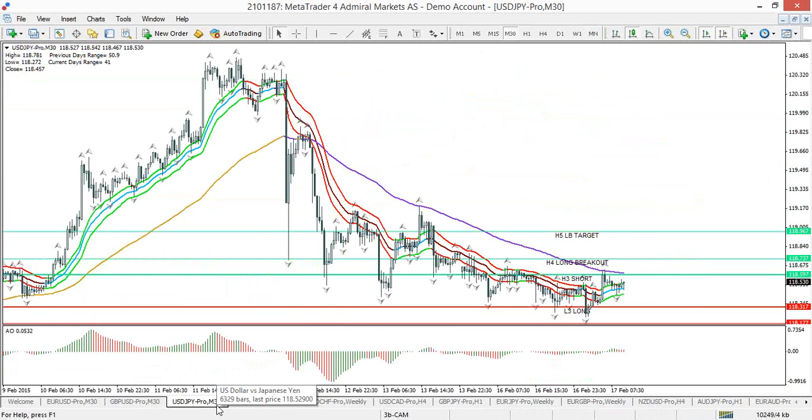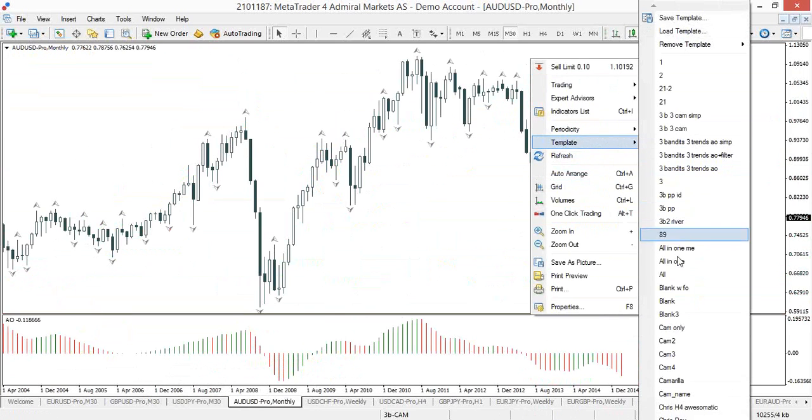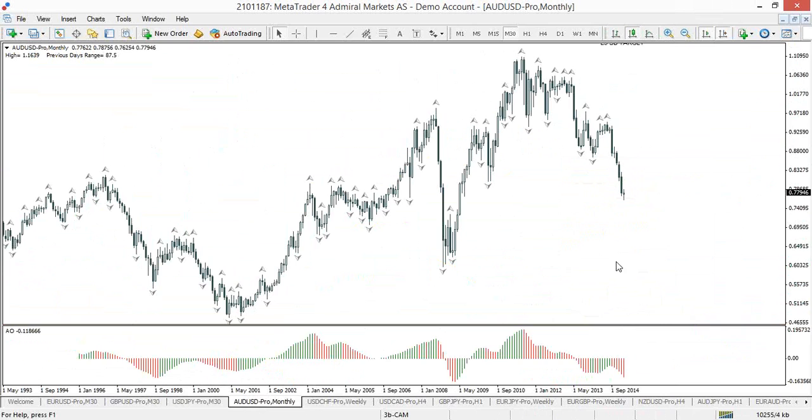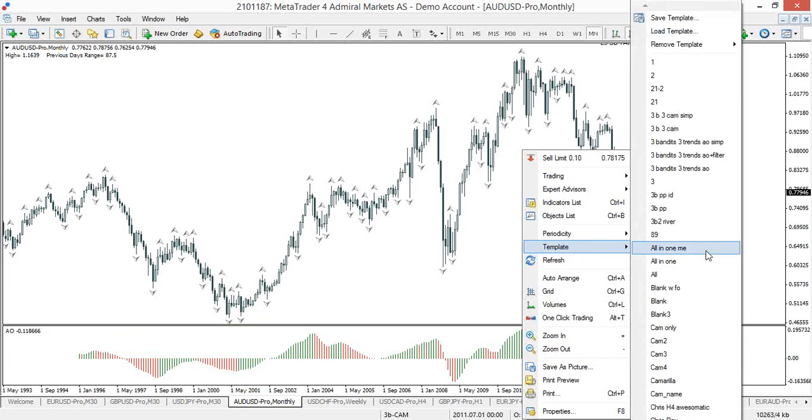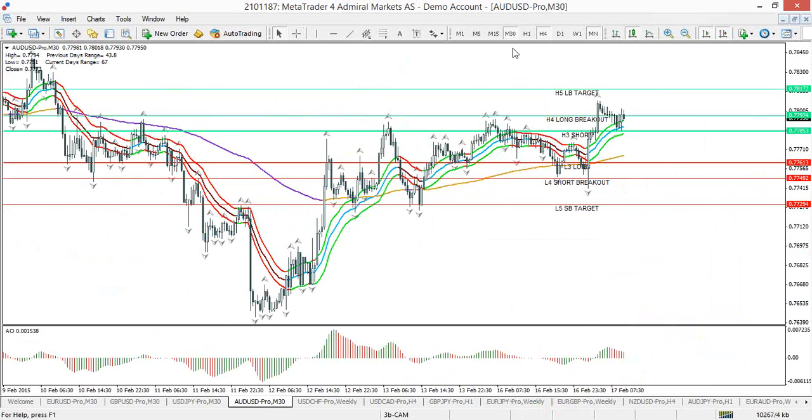Dollar yen. The dollar yen is in that bigger triangle. This too could easily break to the up or downside, in fact. Let me take a look at the Aussie. What I'm going to do is scan a few charts, and then I'll pick the chart that is most interesting.